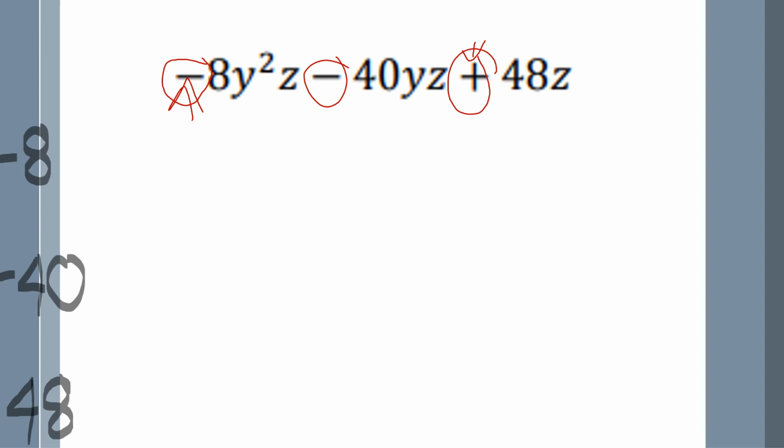But again, remember, because you see one negative, they are going to have negatives in common to factor out. So be careful with all that. Then we're going to get their variables together. 8y squared z and 40yz and 48z.